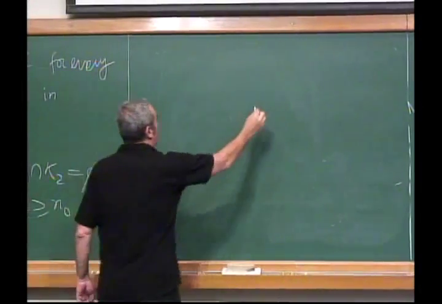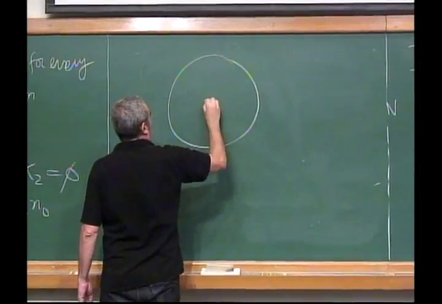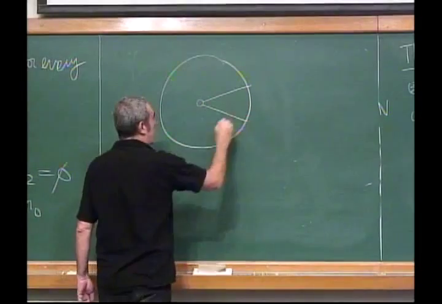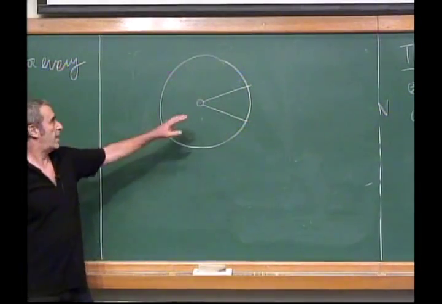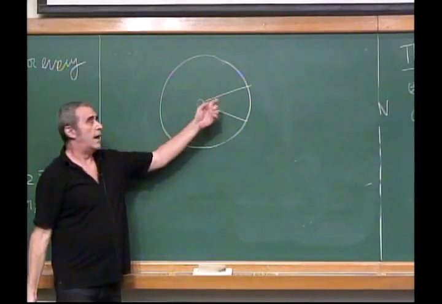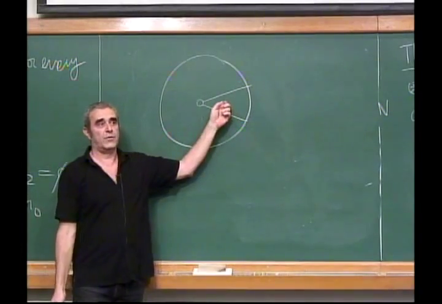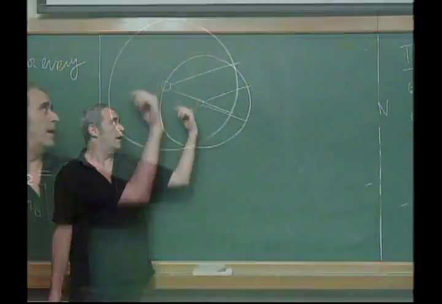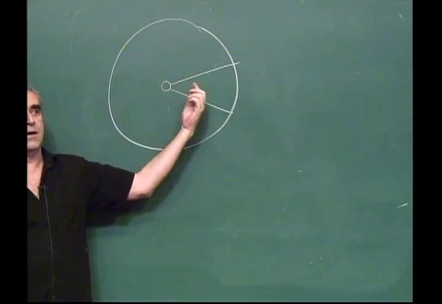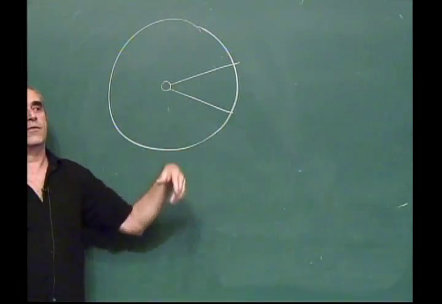Assume you have an annulus, and here you have an invariant region. The restriction of F to this invariant region, as the region does not wind around, is trivial, is a homeomorphism.